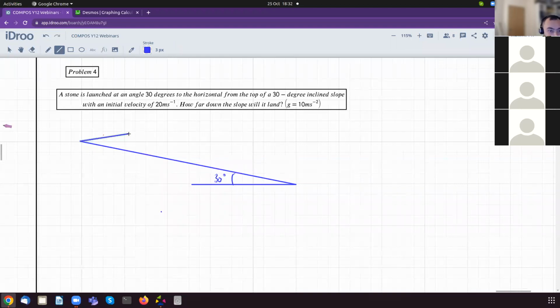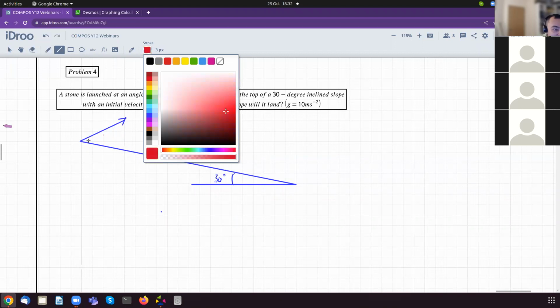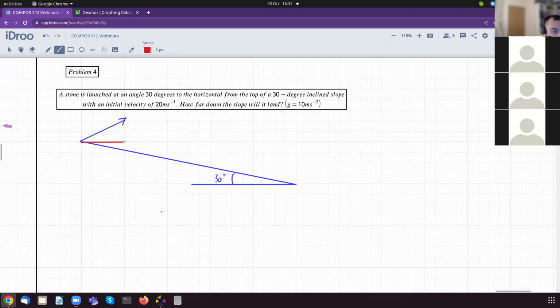Oh, sorry, it's an angle of 30 degrees to the horizontal. Right, sorry. So a projectile is shot at an angle of 30 degrees to the horizontal from a 30-degree slope.